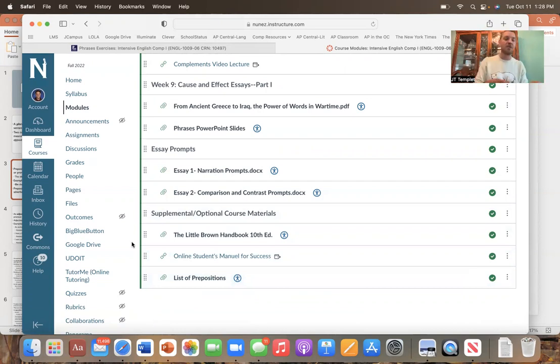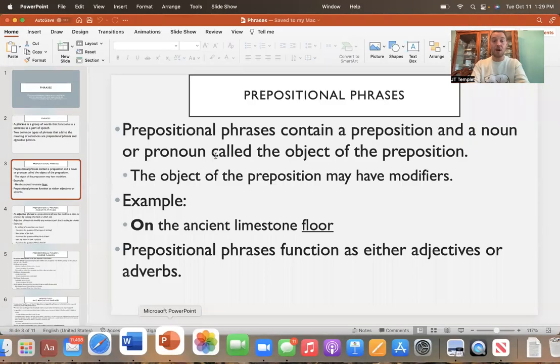Because unlike nouns, which are massive, right? There's more nouns than any other part of speech in the English language. Prepositions are set. There's only this list of about 30 words, and they're never going to change. And so it's easy to kind of familiarize yourself with them, and they will always be prepositions. Anyway, back to our discussion.